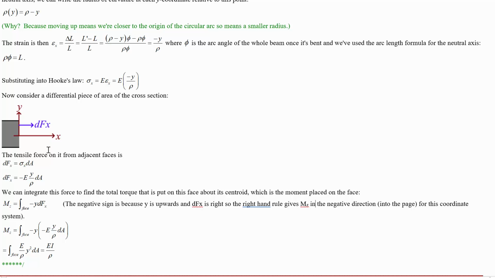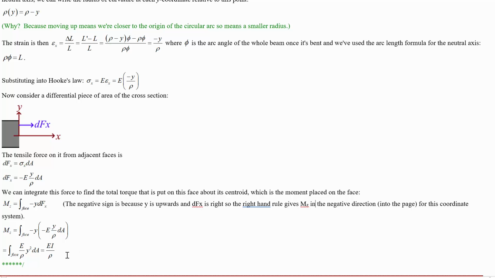So what we've determined is that the net torque put on this surface by the adjacent surfaces is equal to EI over rho. But the net torque put on this surface from adjacent surfaces is exactly the internal bending moment applied to this surface. So that is why the internal bending moment has to be equal to EI over rho.